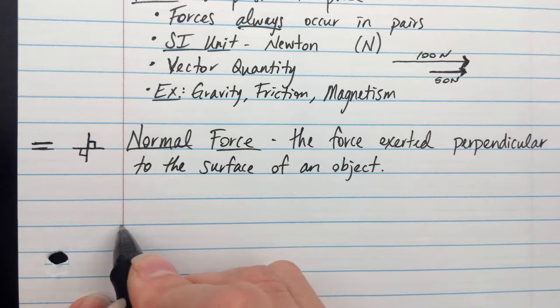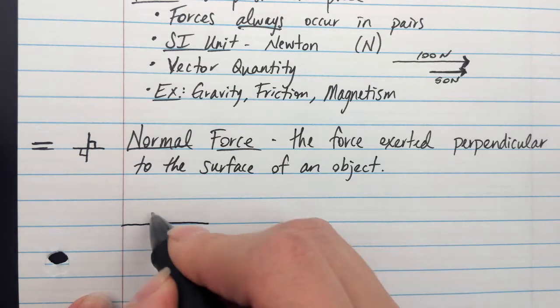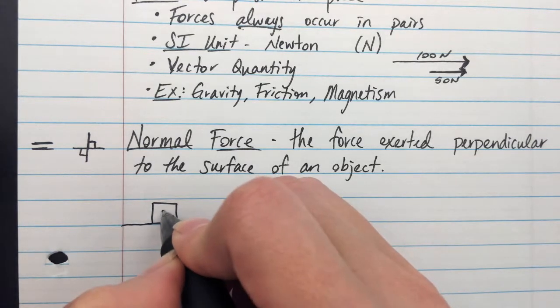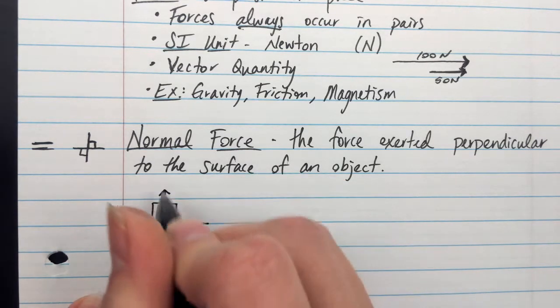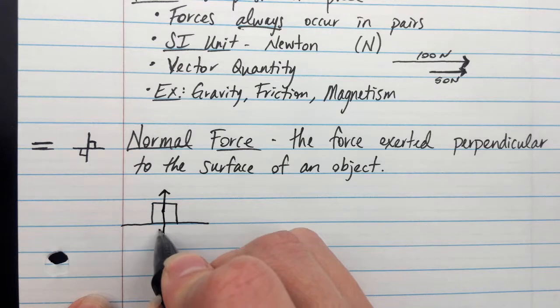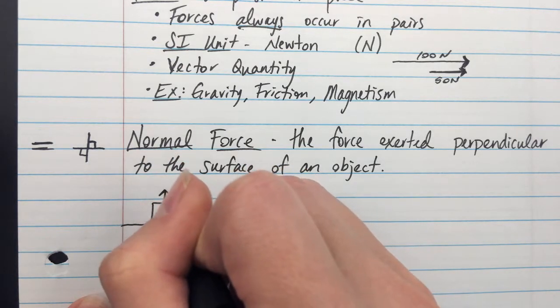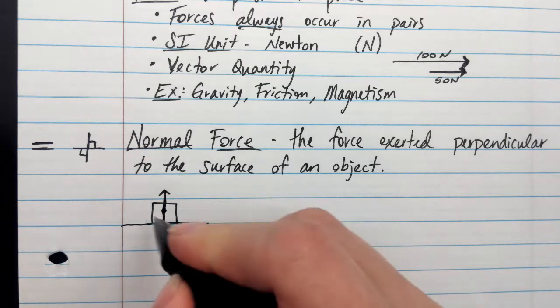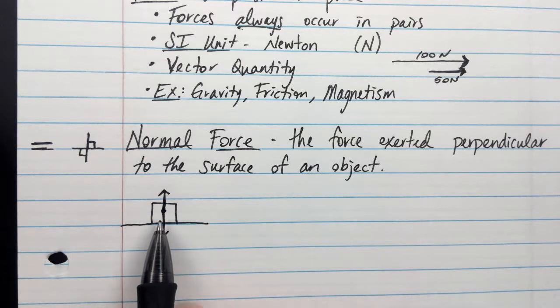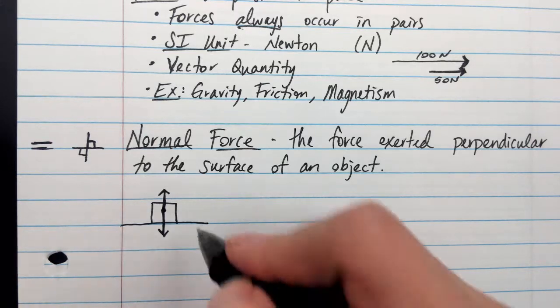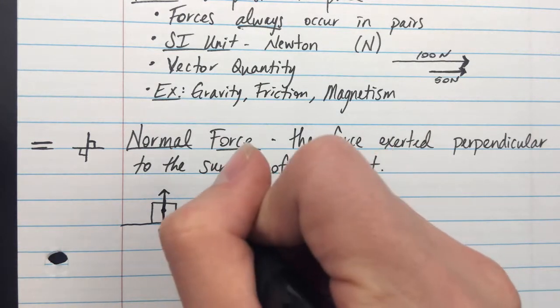Like, here's the ground, and here's an object. Gravity's going down. Those are supposed to be equal. Gravity's pulling it down, but the ground is pushing up perpendicular to it. That doesn't make sense to you? I was standing.